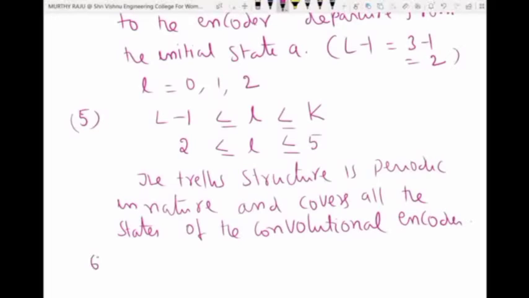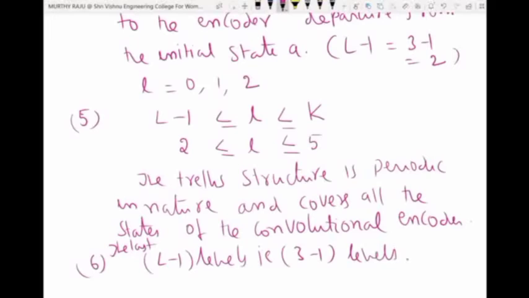The sixth point here is the last L minus 1 levels, that means 3 minus 1 levels, corresponding to the encoder returning to the original state.